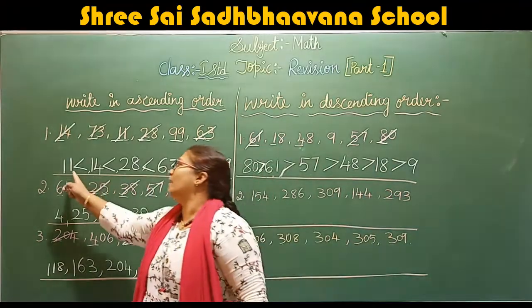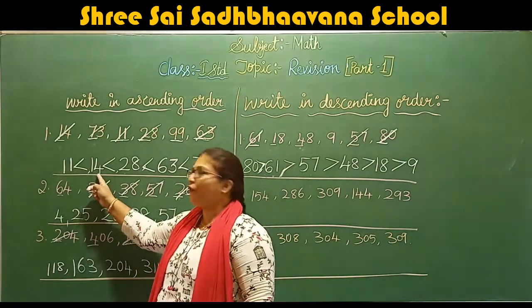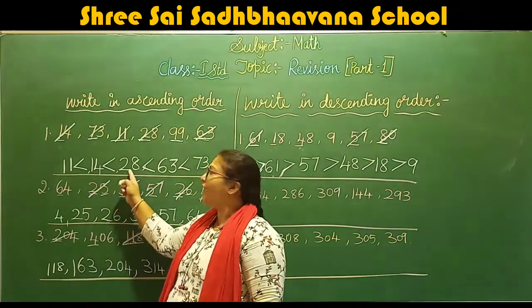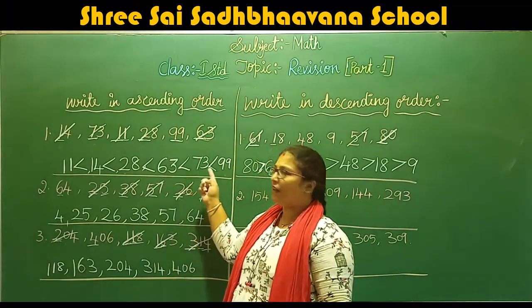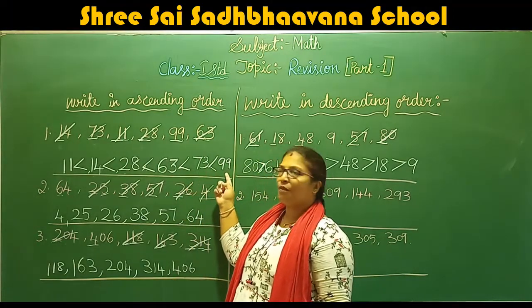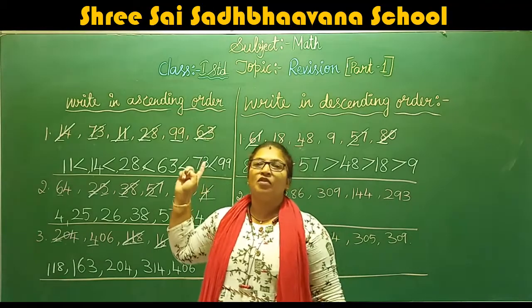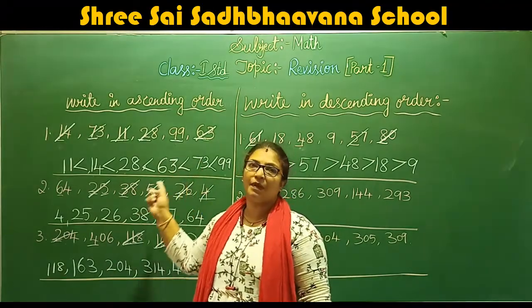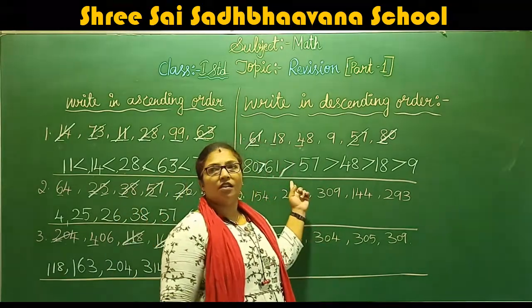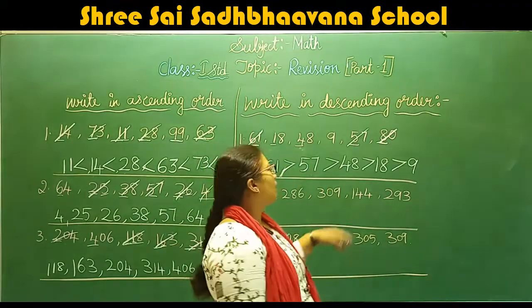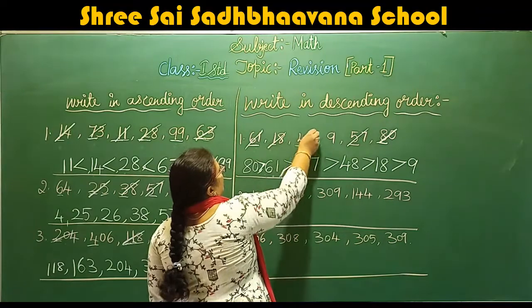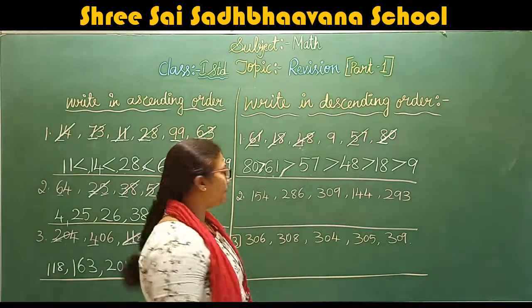Your smaller: 11 is smaller than 14, 14 is smaller than 28, 28 is smaller than 63, 63 is smaller than 73, 73 is smaller than 99. So smallest to biggest, and greatest number to smallest number. Right children, you have understood, I feel.